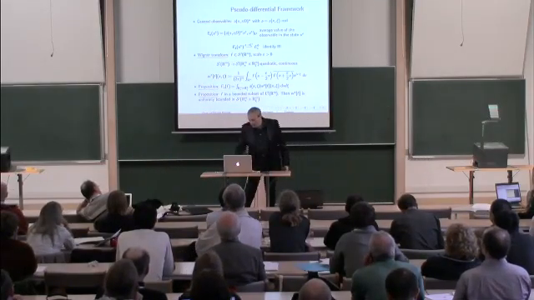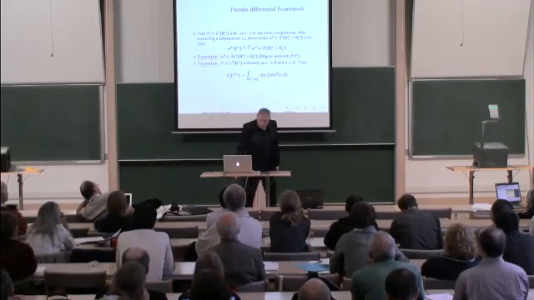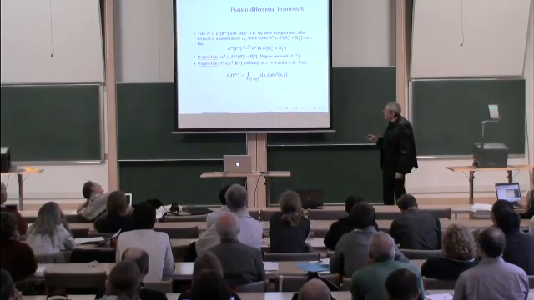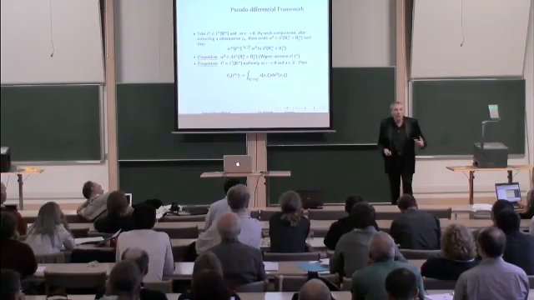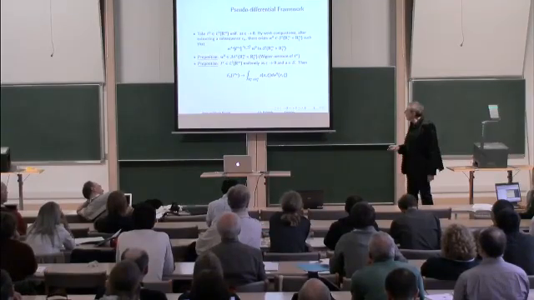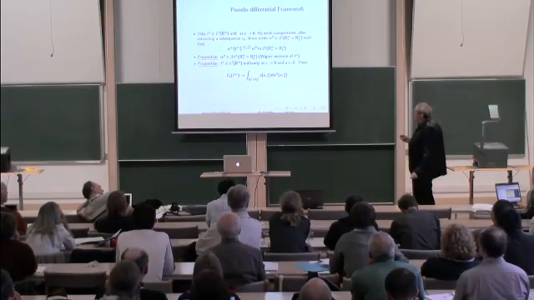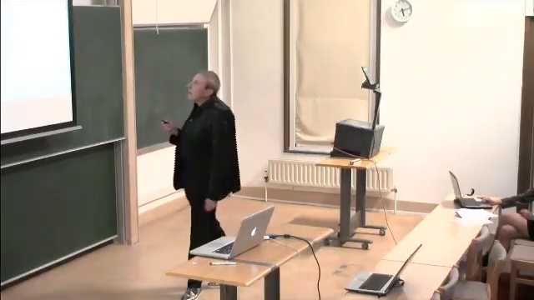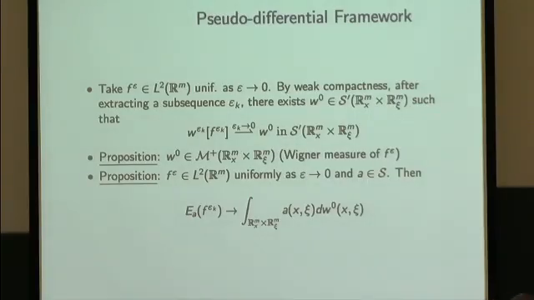That's actually very easy and straightforward to prove. Now, what does that imply? That means basically if you take a sequence of L2 functions which are uniformly bounded in L2 as epsilon tends to 0, then by weak compactness, after of course extracting a subsequence epsilon_k, there exists a tempered distribution W0, which is the weak limit of the Wigner transforms of your subsequence.